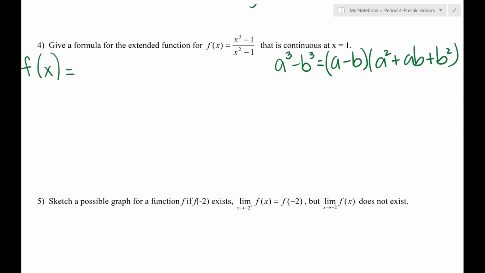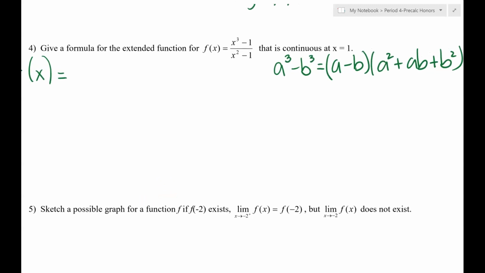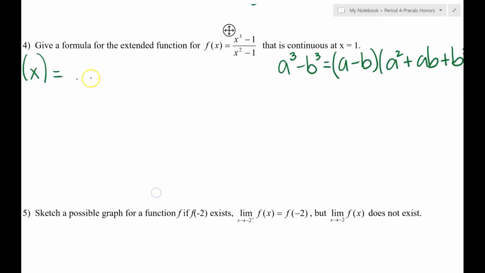All right, Alex P., do you have the factors for the top? What are the two factors for the numerator? So it's x minus 1, and times x squared plus x.